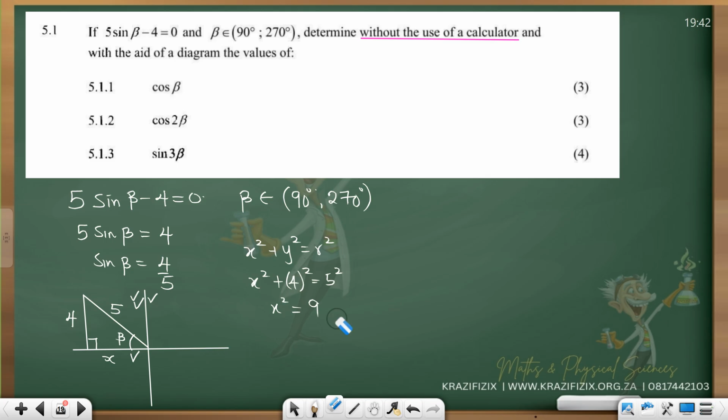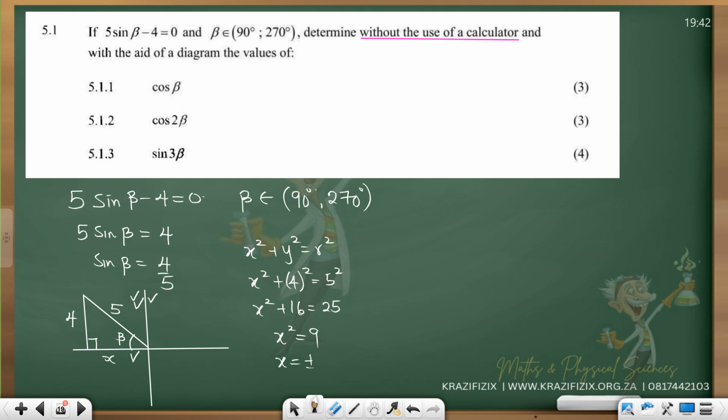Okay. X squared plus 16 equals to what? 25. If we move the 16 over, guys, what is x? X is not 3.